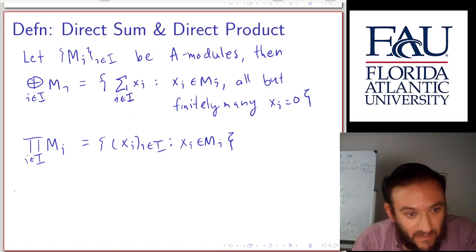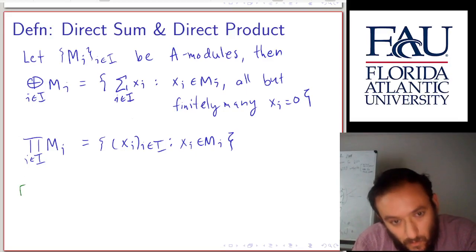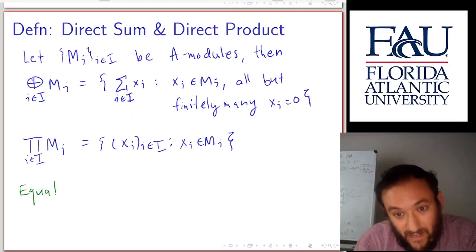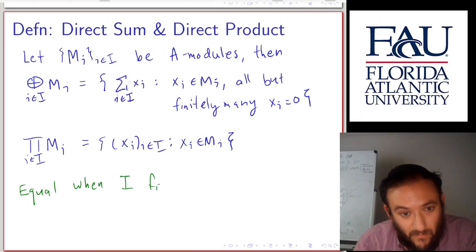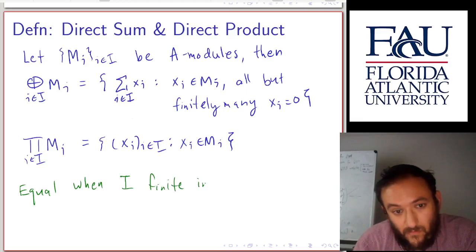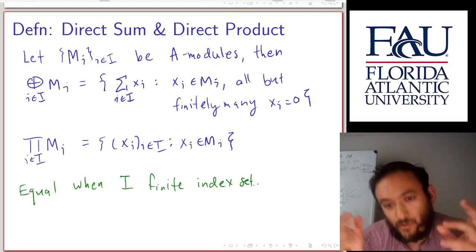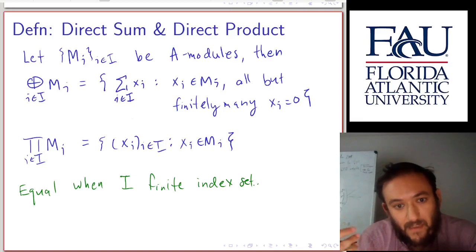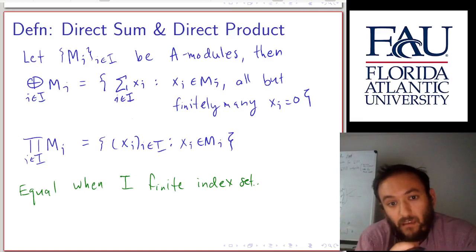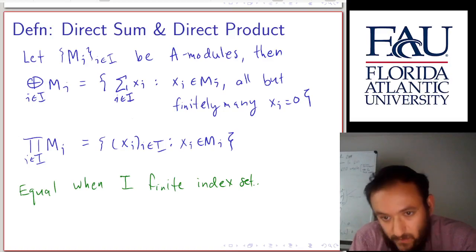We should note that these are not equal. These are equal, or I should say isomorphic, in the finite case, when I is a finite index set. They define the same object, because you could just replace the formal sum with a sequence, and the restriction that all but finitely many are 0 doesn't have any effect.